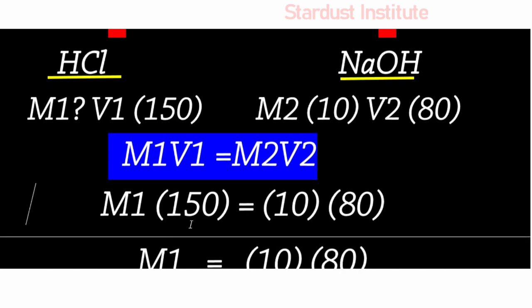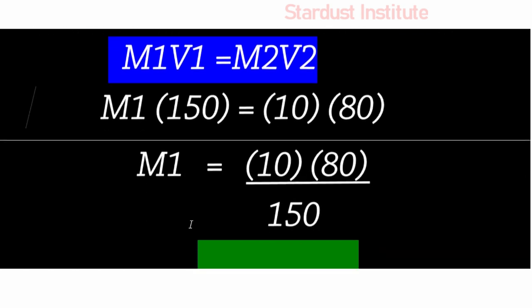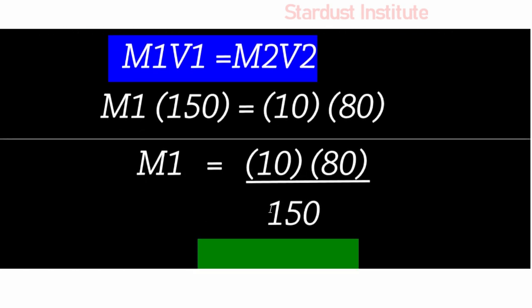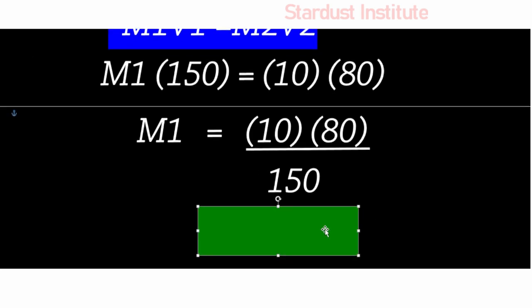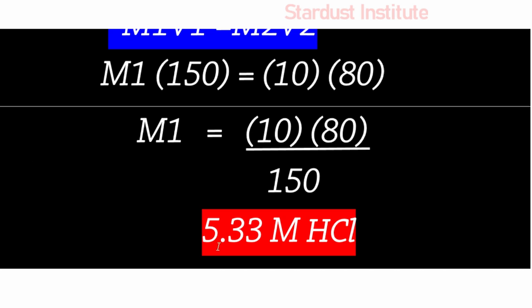Then this 150 goes to the right hand side in this way. Now we should simplify this. Then we get 5.33 M, the molarity of this HCl solution. We got the same answer. Earlier also we found the answer. The molarity of the HCl solution is 5.33.